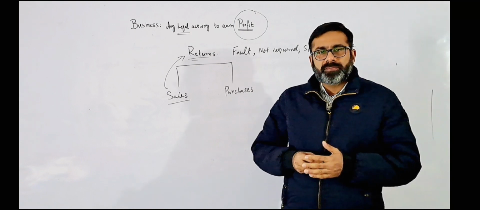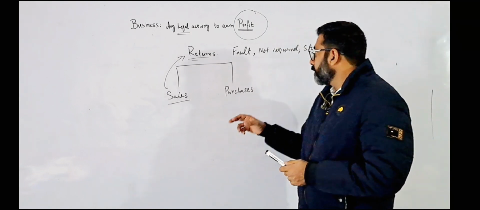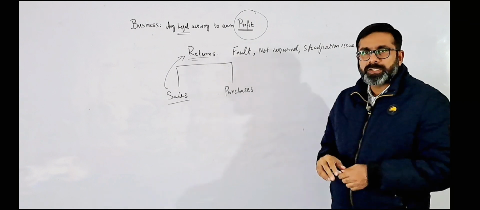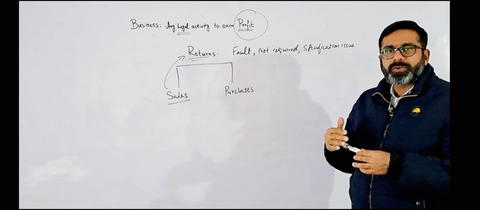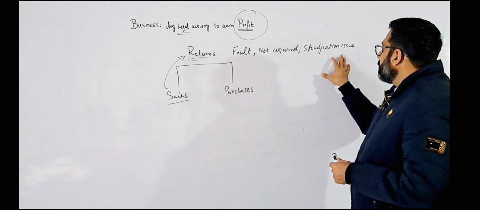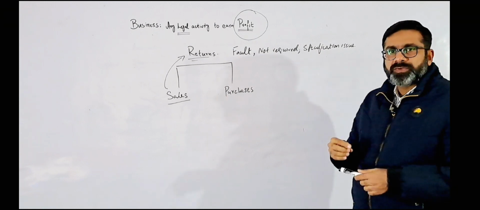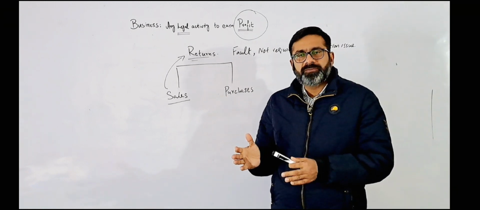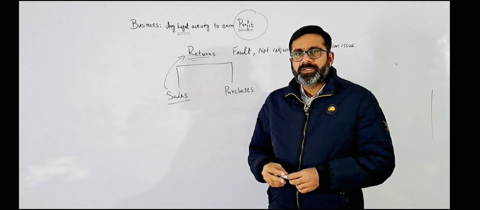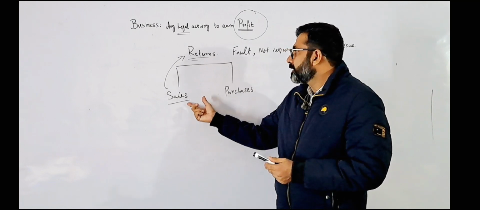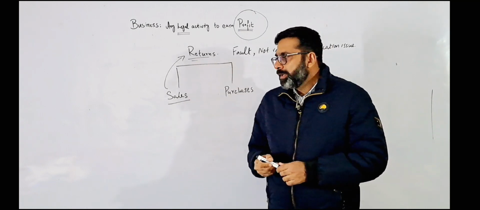The product is not of the good quality, so it may be due to some fault, like quality issues there, or not according to the requirement of the customer, or it may be not according to the specification, but the order was different, the goods delivered are different, so there is a possibility that the sales are returned. So what will happen?